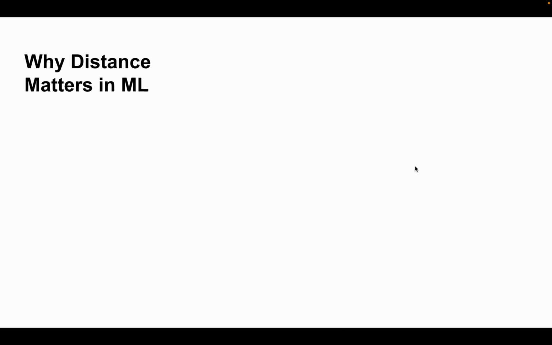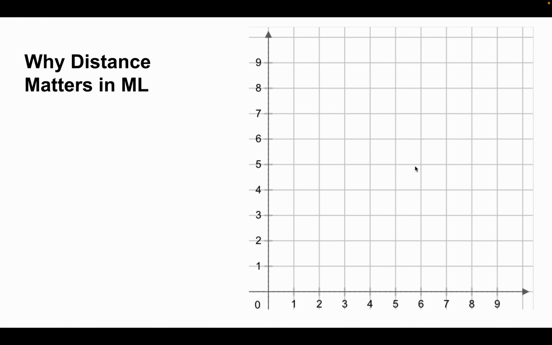So why does distance matter in machine learning, and why do we need to care about distance in machine learning? This is because in machine learning, distance tells us the similarity between different categories. So let's say there are different people, and we are just plotting them on a graph paper. An example is customers by spending habits.